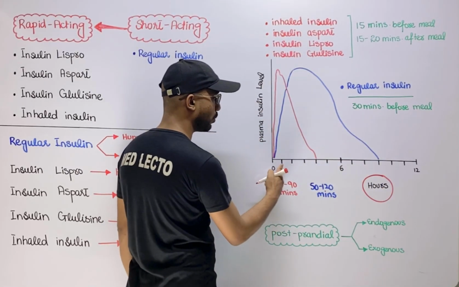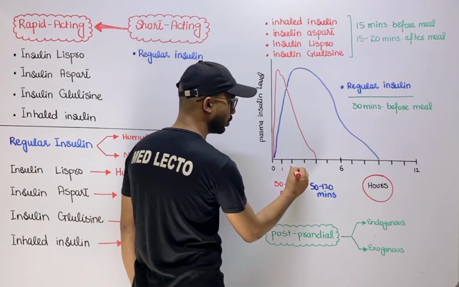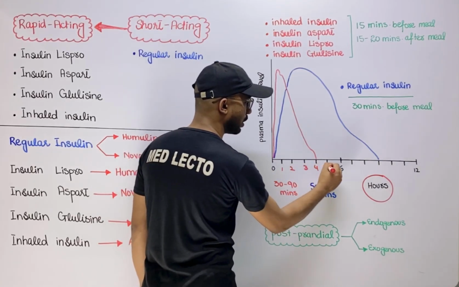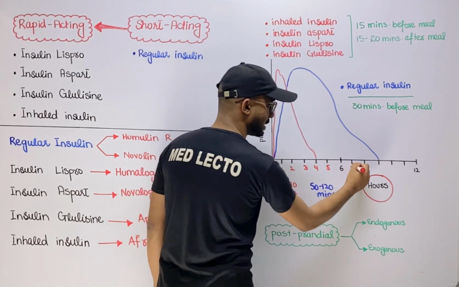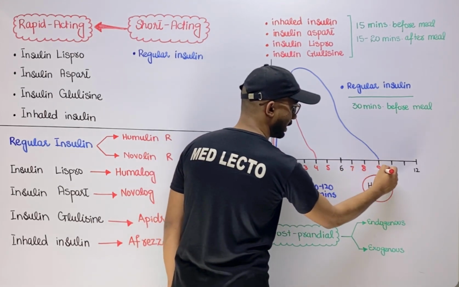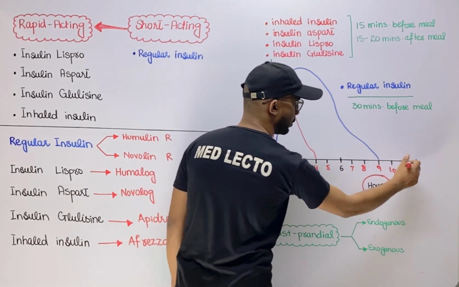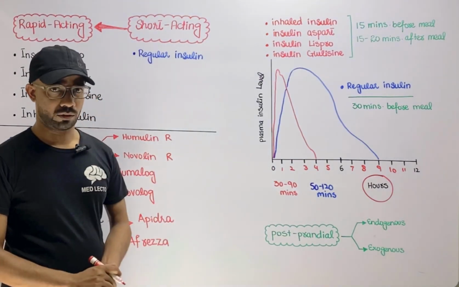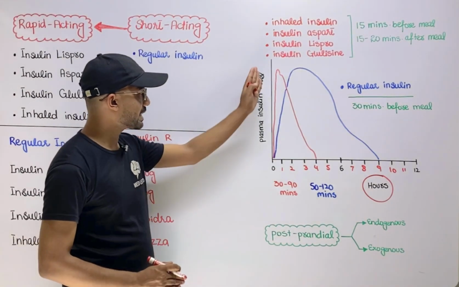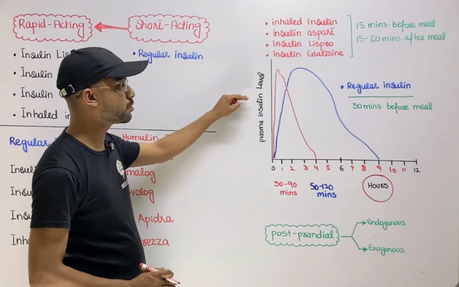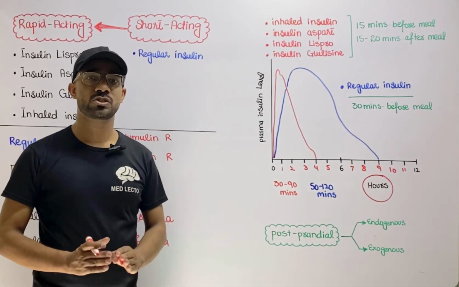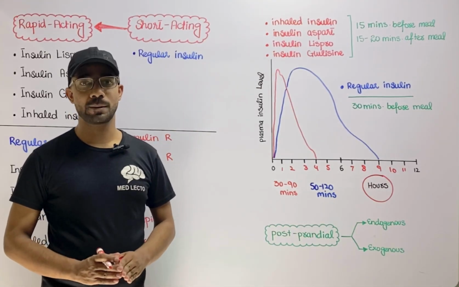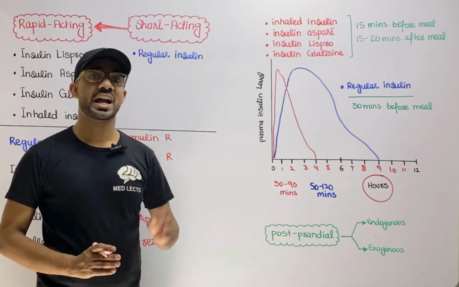Here is the 0 hour, 1, 2, 3, 4, 5, 6, 7, 8, 9, 10, 11 and 12. These are the hours. And on the y-axis we have taken plasma insulin level. After administration, how much time will it take to reach the peak level?